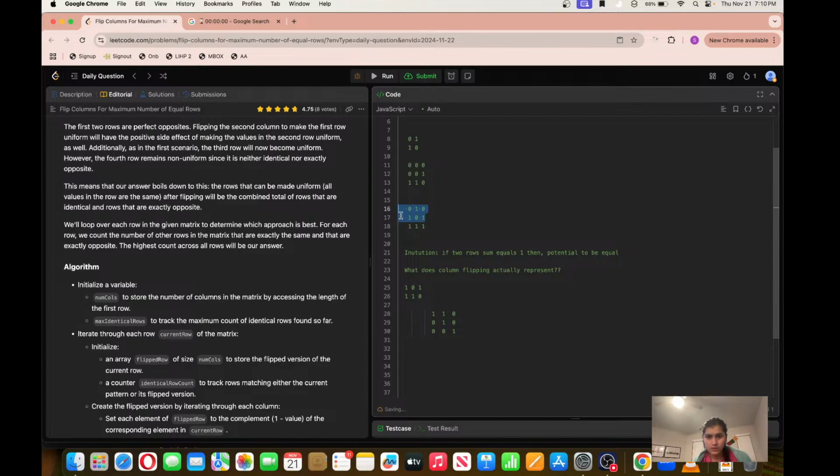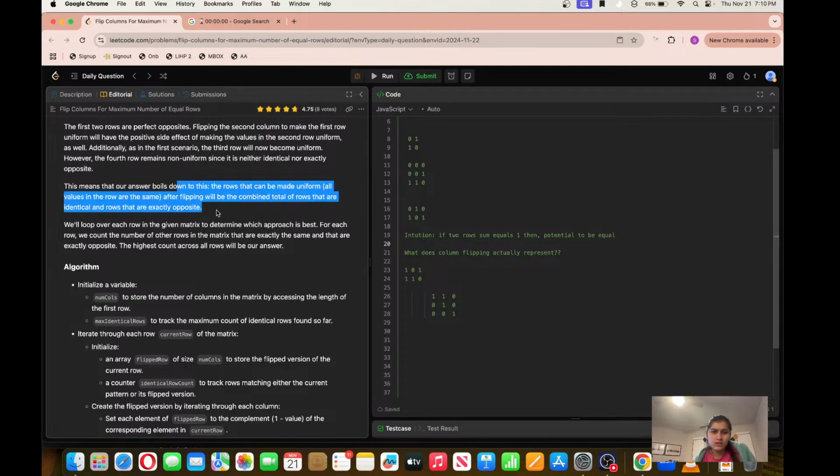So if these two rows' sum is 1, then they have the potential to be equal, right? That's the intuition I had when I first looked at this question, but I still could not figure out the best solution.